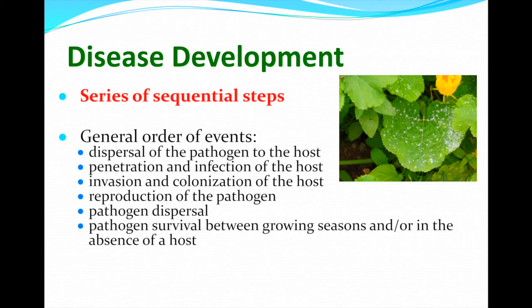It's almost as if, and in some cases, it takes over the machinery of the plant, so that now the pathogen's capable of maybe reproducing itself inside of the plant or using the plant to make more of itself, which is pretty ingenious but does happen with some pathogens. Or it's just taking over the tissues of the plant, residing inside of it and doing damage at the same time. Then you've got to have reproduction.